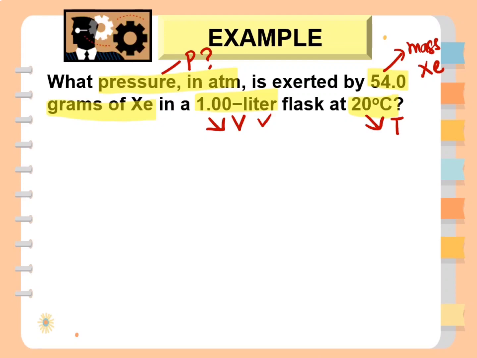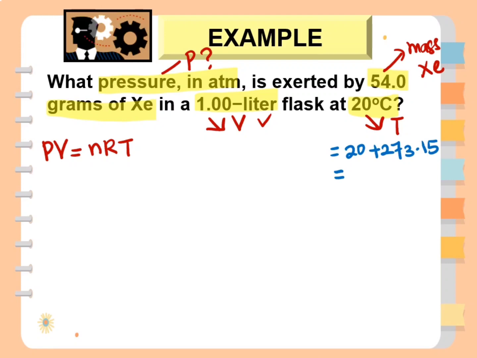Kalau awak tengok maklumat yang diberi ni must relate with the ideal gas equation, PV equal to nRT. Nampak tak? Okay, sebab apa? Kita nak cari P. Kita ada volume, kita ada mass, kita ada temperature. So temperature dekat sini mesti dalam Kelvin. Macam mana nak convert? So 20 plus 273.15. Okay, and then press your calculator.